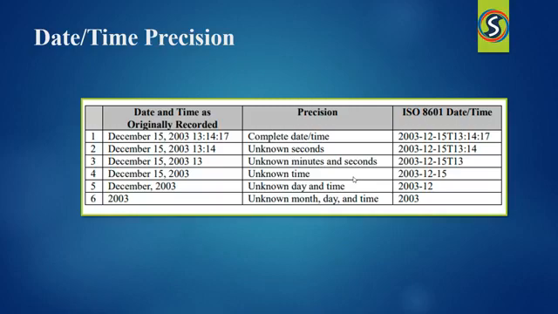So we even have some other uncertainty intervals which may be represented. This date and date or time model also provides for imprecise or estimated dates, such as those commonly seen in your medical history.